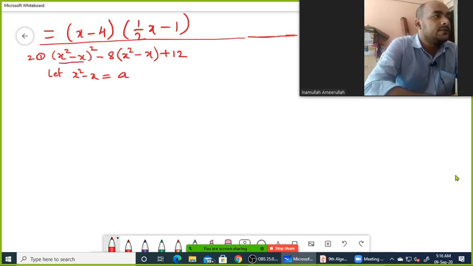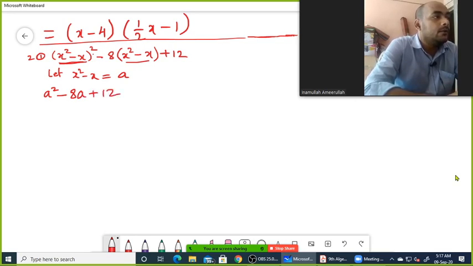So x square minus x will become a, and here we have whole square, so we can write it as a square. This whole bracket will become a, and there is power 2 on the bracket, so we will take power 2 on a. Then we have minus 8, x square minus x is a, plus 12.